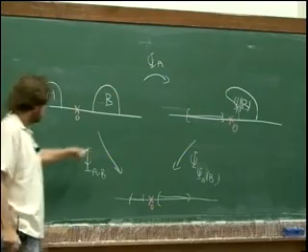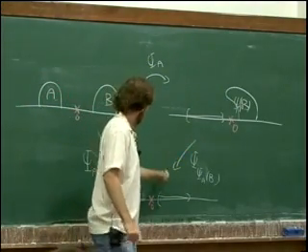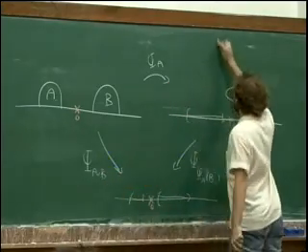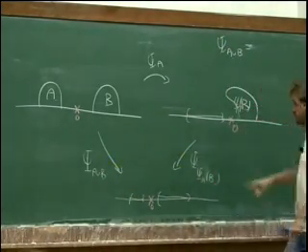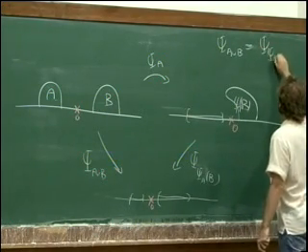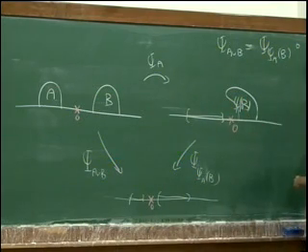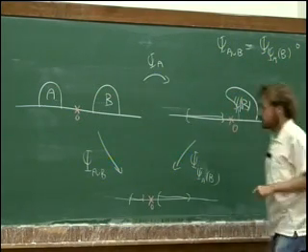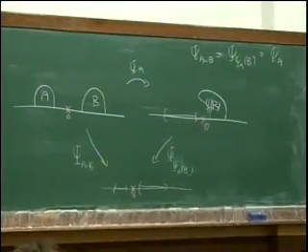So what we have is that this is the composition of this and this. So psi A union B is nothing but psi sub psi A of B composed with psi A. This is from uniqueness of the conformal map that removes a set.